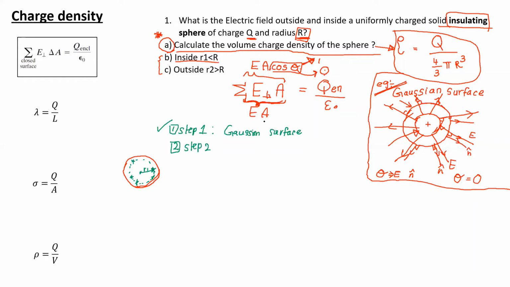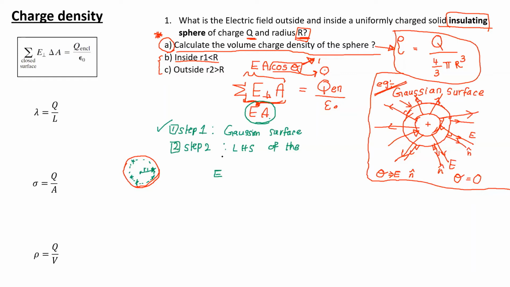Step 2 is doing this part of the equation. I'll call it the left hand side of the equation. Now let's figure out what's happening in the left hand side. We are going to find the electric field, right? So I just write E. And what is this A? What is that area?